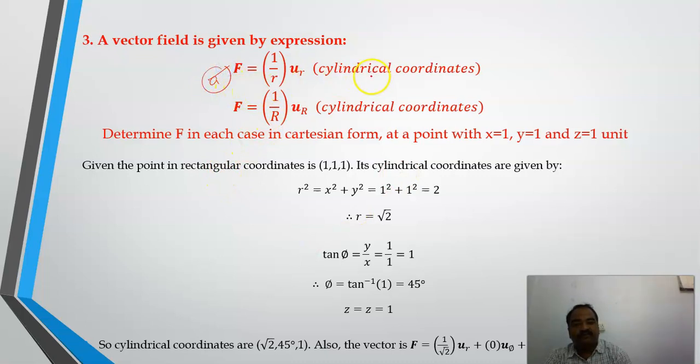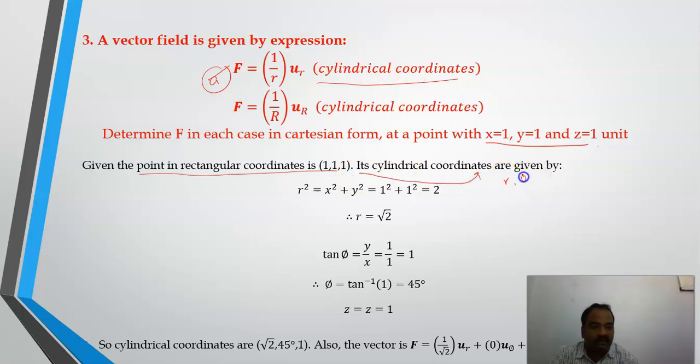Okay. So I am going with this problem A only. The first step is the conversion of points. So first of all, what he is asking is to transform the vector into Cartesian form, right? So I'll take first of all the point. The point is given in rectangular coordinates, because x is equal to 1, y is equal to 1, z is equal to 1. It is in a Cartesian system. So first of all, I'll convert it into the respective cylindrical coordinate system, R, phi and z.